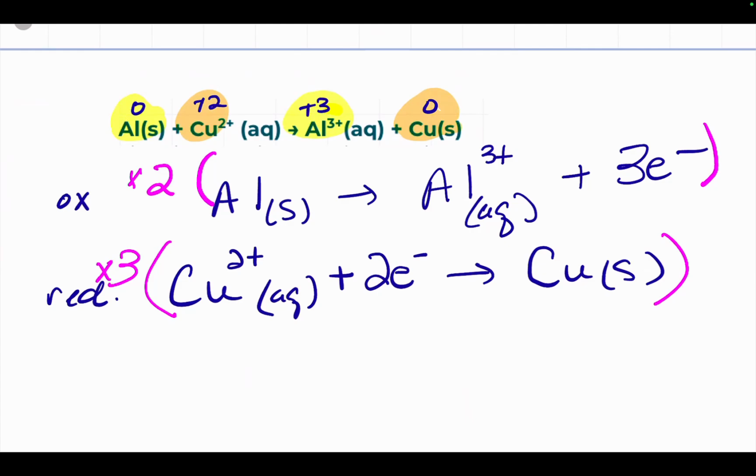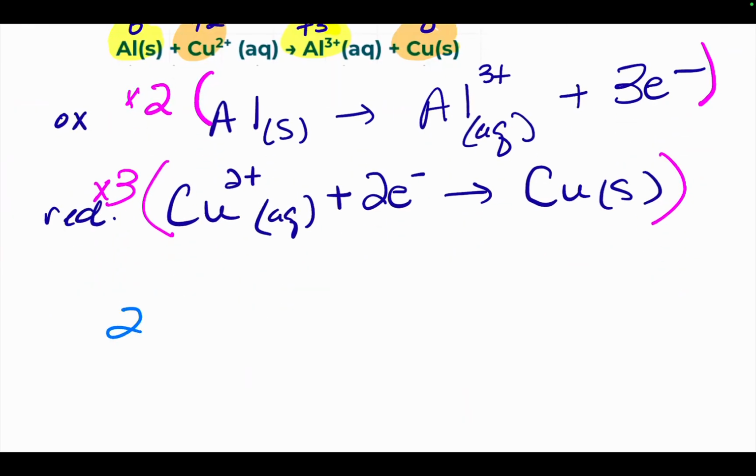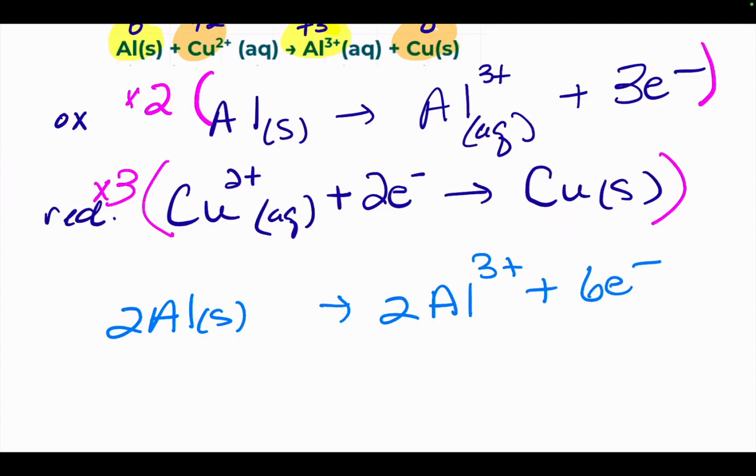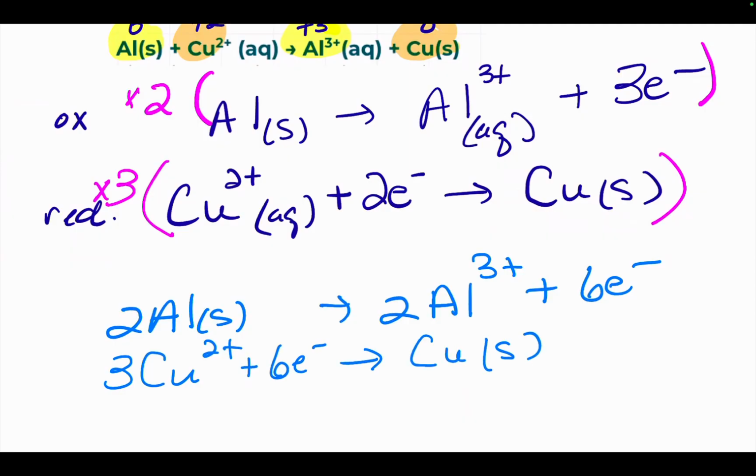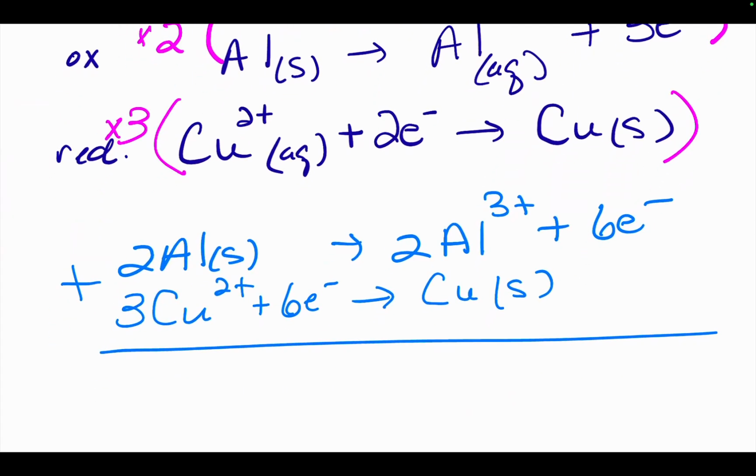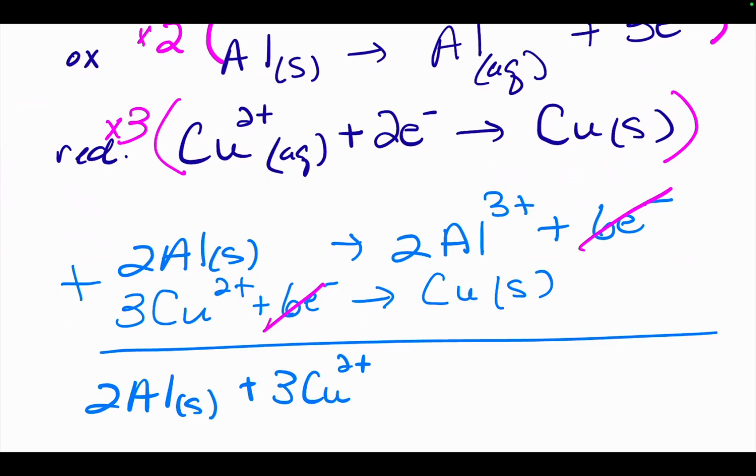So I'm going to rewrite that out, and then we're going to sum up the reactions. When I add, I can cancel those electrons, and everything else is going to be part of my net ionic equation.